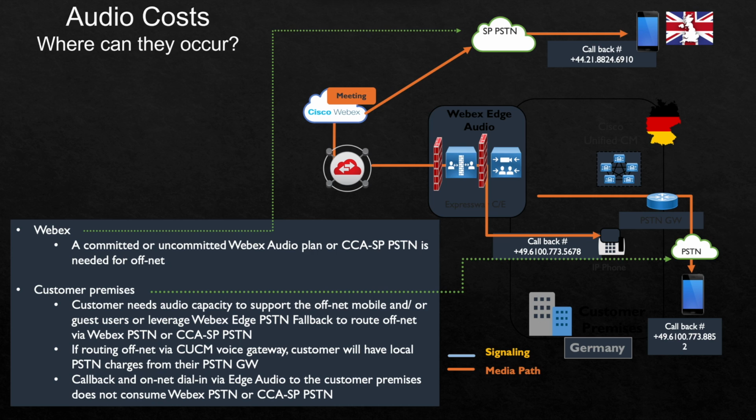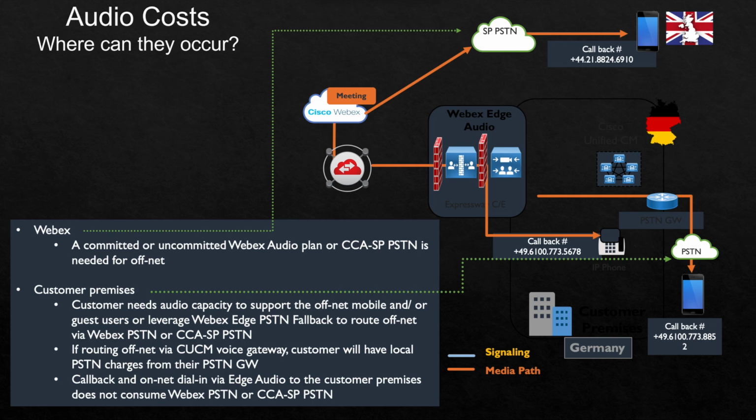So, with all of this set up, where can customers expect audio costs to occur? Assuming that the customer or user has set up CCA, SP, PSTN for off-net calling, or you have PSTN gateways or session border controllers set up in your environment, then audio costs can occur in one of two places.